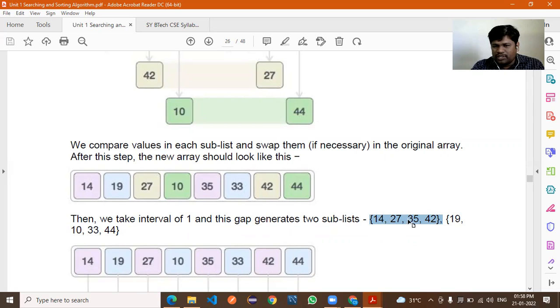Now the sublists are 14, 27, 35, 42, and 19, 10, 33, 44.